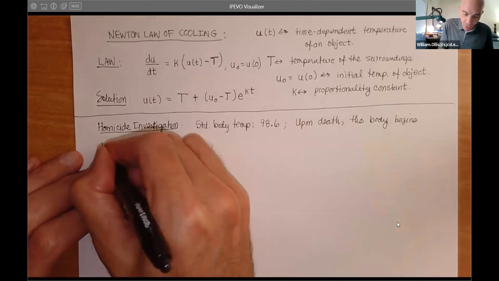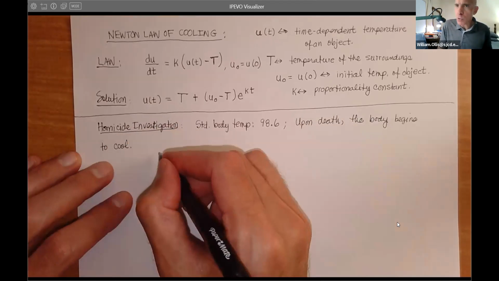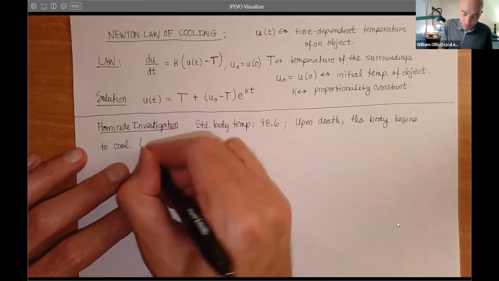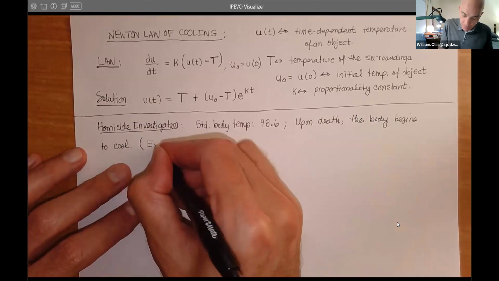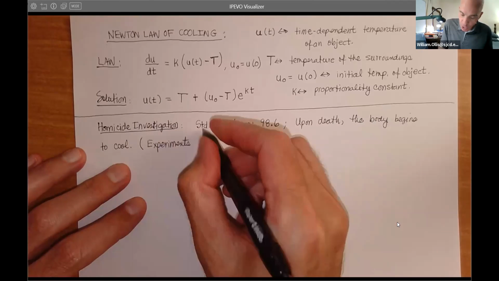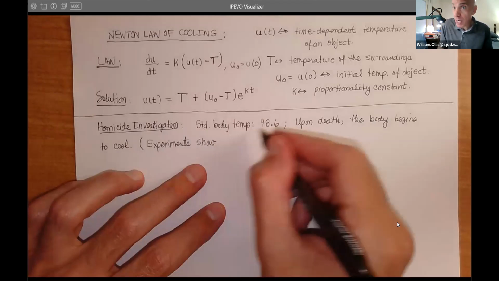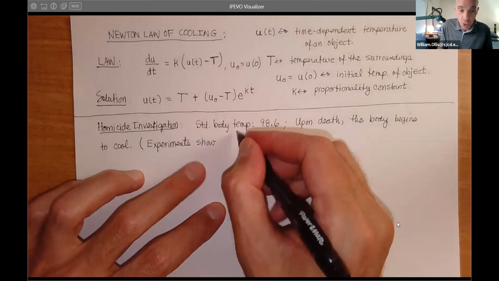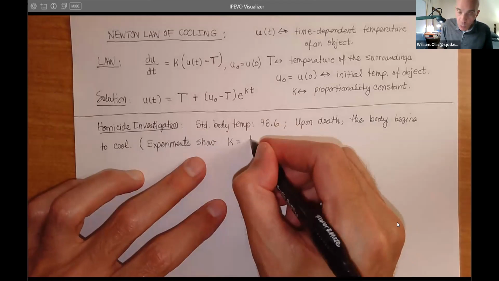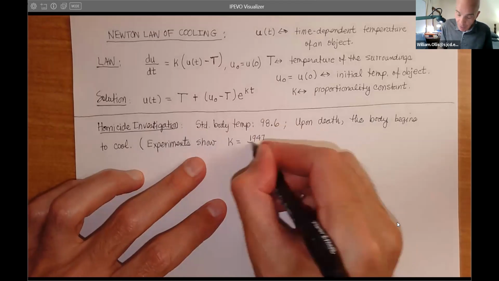Now, the thing is that this requires some experimentation. That is, you have to do some research to figure out the relative growth rate. And so we'll just say experiments show, in this particular case, so this way we won't have to change the base this time, experiments show K is 1,947 divided by 10,000.